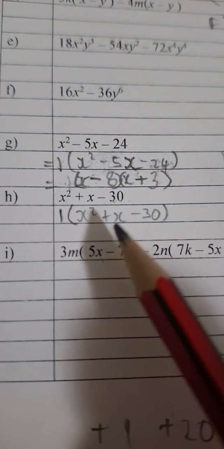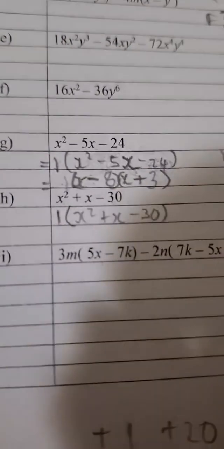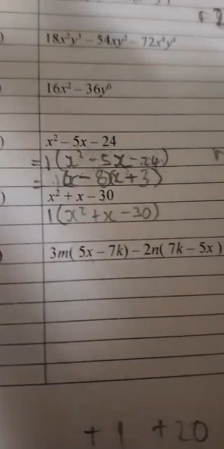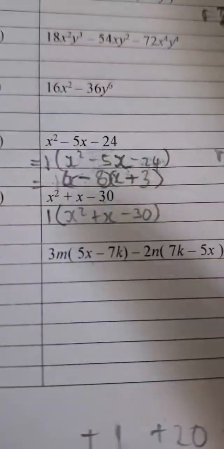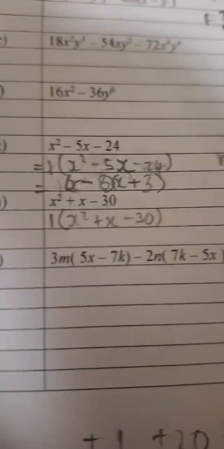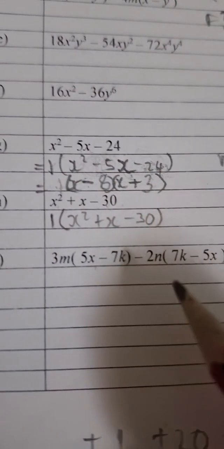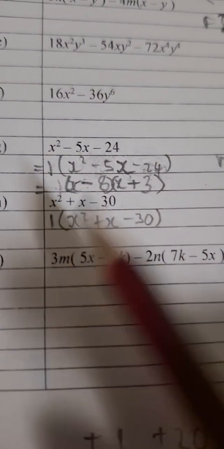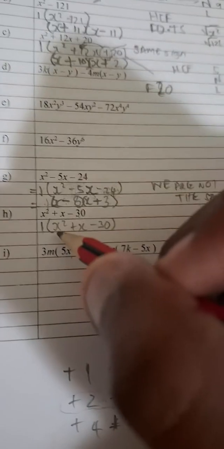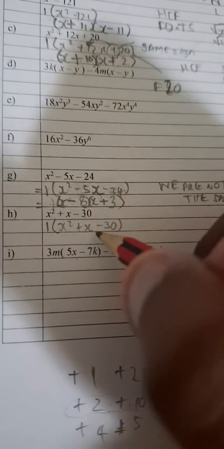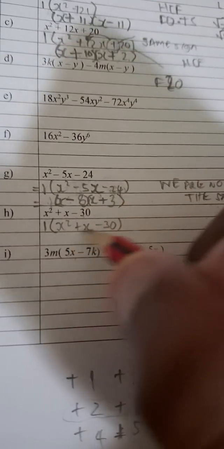I do that merely as a rule, that we always check, is there a highest common factor? In any factorization, you always ask first, is there a highest common factor? Now, that 1 is not significant. Because this is a quadratic trinomial, we open 2 brackets.